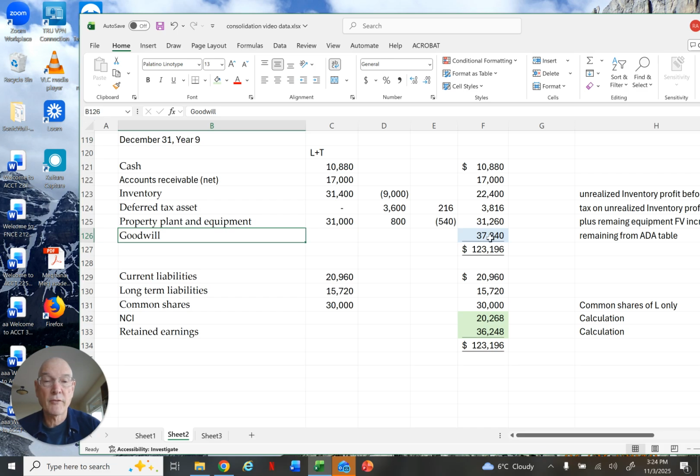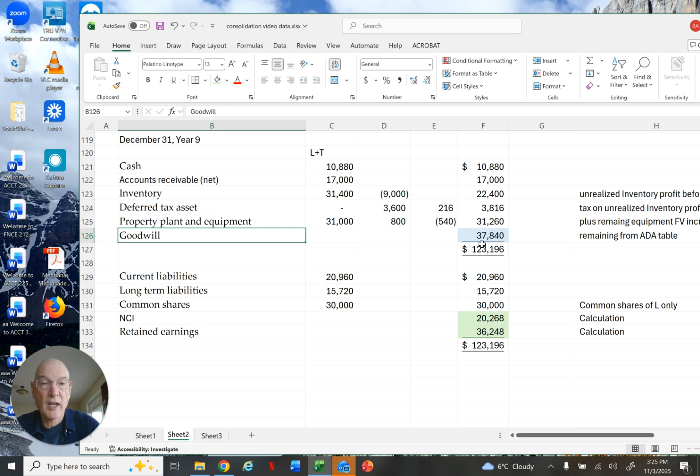This is the number from the final balance of our ADA table for goodwill. We started larger, we had a couple of impairment charges, and now we're at 37,840. So just make sure you don't forget this, okay?